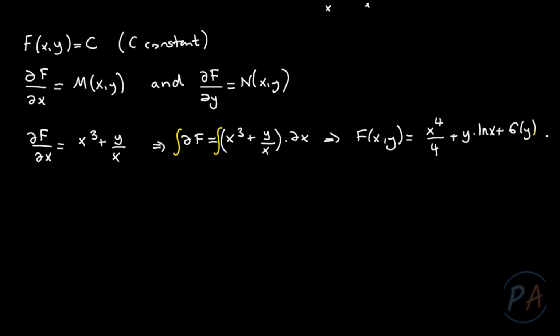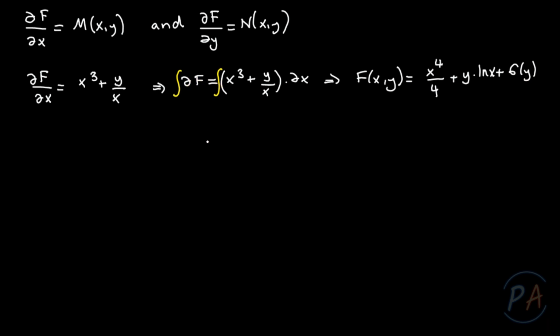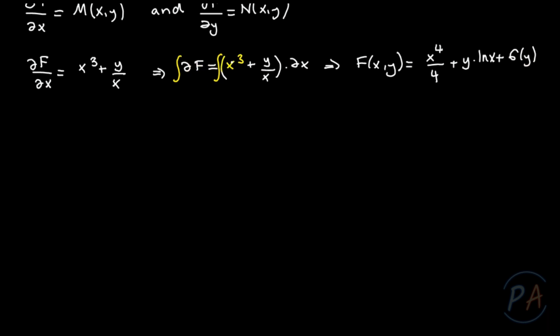But in this form we don't know what g of y is. How can we determine g of y? Of course, I will now use that the partial derivative of f with respect to y is N of x y. So let me calculate it.